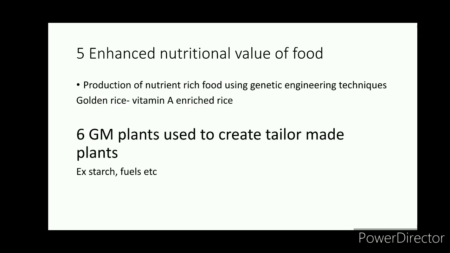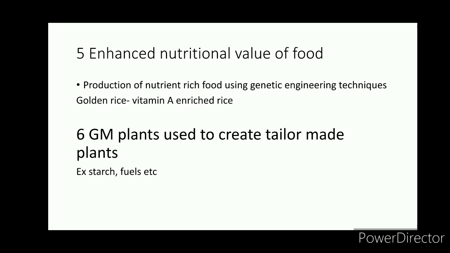Another advantage of GM plants is that GM plants are used to create tailor-made plants. What are these tailor-made plants? What happens when you go to the tailor? You give the specifications according to which the tailor is going to design the dress for you. You give the specifications to the tailor, and he is going to stitch and give you the dress.